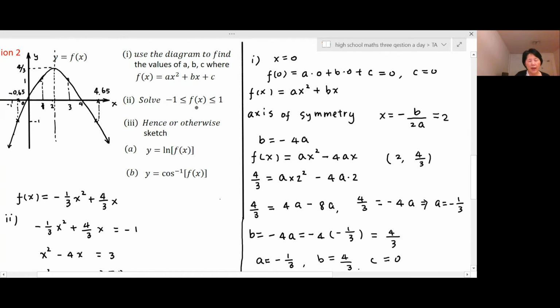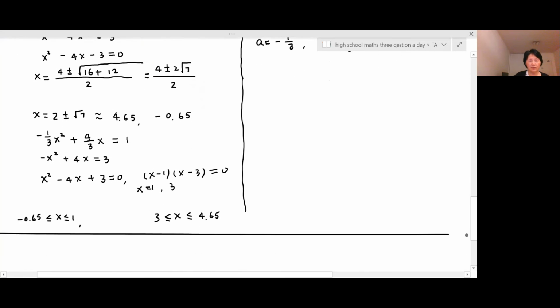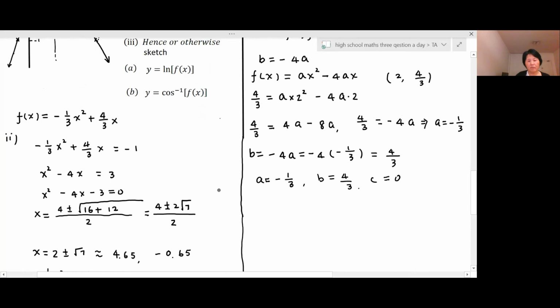So when f(x) is between minus 1 and 1, we get 2 intervals. One interval is x between minus 0.65 and 1. Another interval is here, between 3 and 4.65. Okay, so we already got the 2 intervals. Then we do the next part here. It's very long, this question.